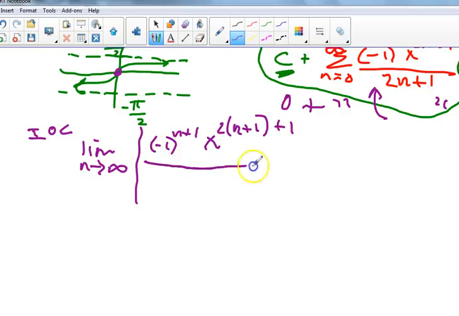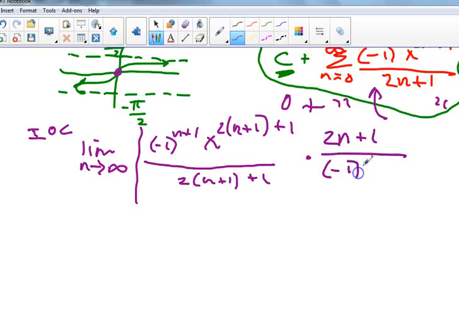All over 2, then you got a parentheses n plus 1, plus 1, multiplied by the original one, and I'm just going to flip it. So I've got 2n plus 1 over -1 to the n, x to the 2n plus 1, must be less than 1, forcing it to converge.